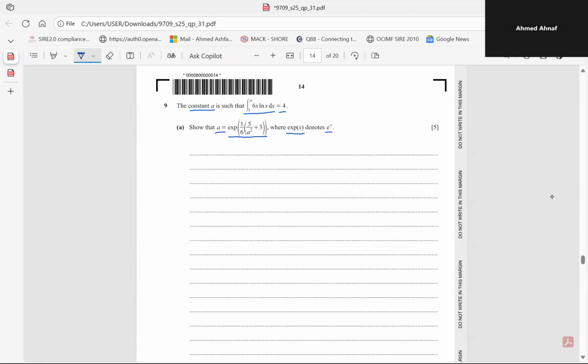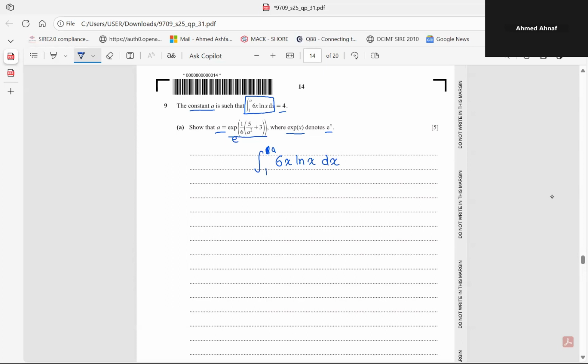So this just basically means e to the power of this whole thing right here. Okay. So first of all, let's denote this integral in terms of a. Okay, so limits are a and 1, 6x ln x dx.